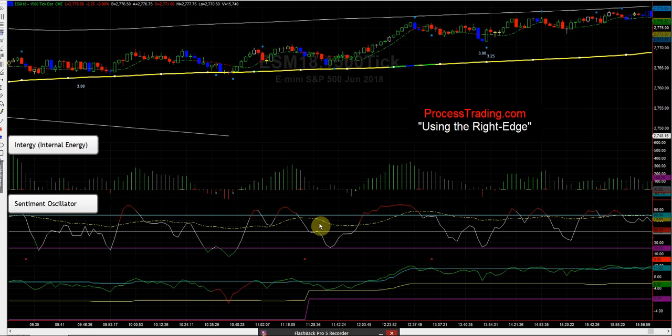So we would be expecting it, if it's going to break out of that, it would probably break to the upside. We also see in the energy that there's very little supply that comes in. It's demand and then weakness to demand and then more demand. And then weakness to that demand, some time elapses, and then more demand comes in.